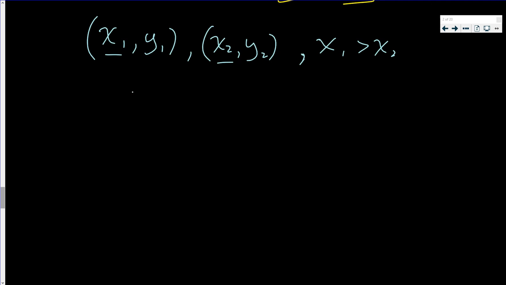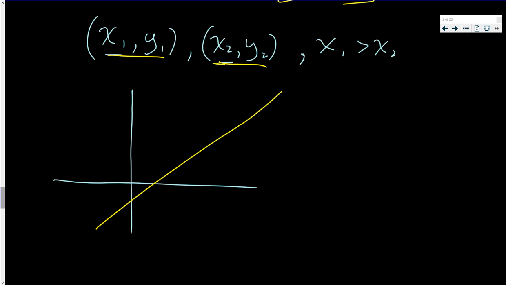So basically, what's going on is this. You're starting off with a line that contains those 2 points, x1, y1, x2, y2, and I guess x2 is bigger than x1.